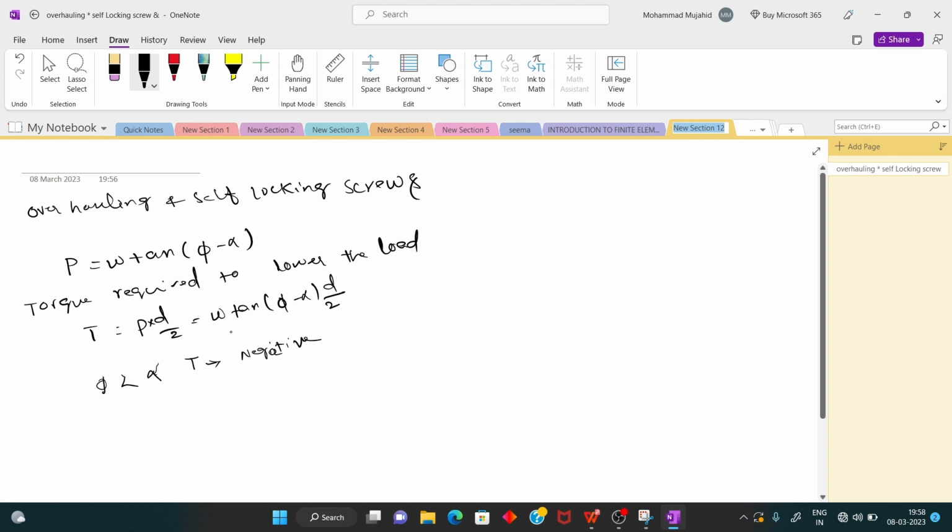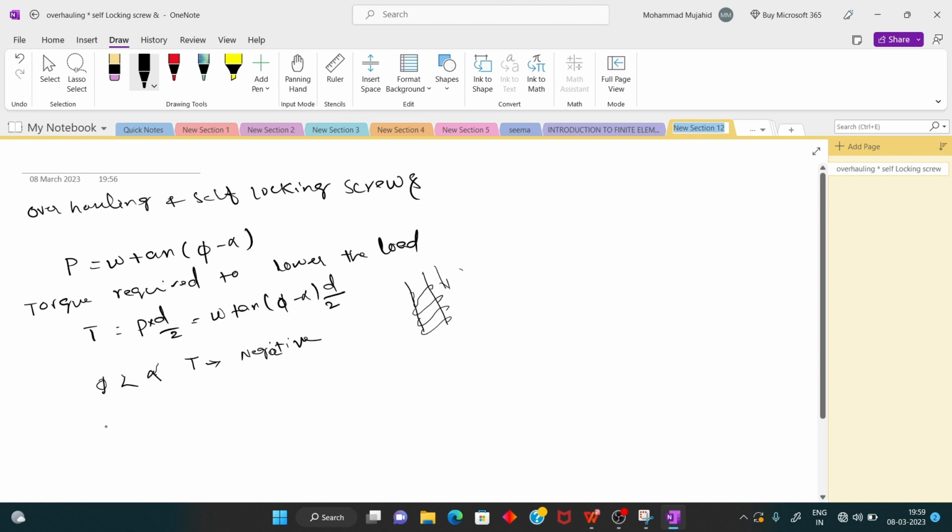In other words, the load is going to start moving downward without any application of force, and that condition is called overhauling of screws.